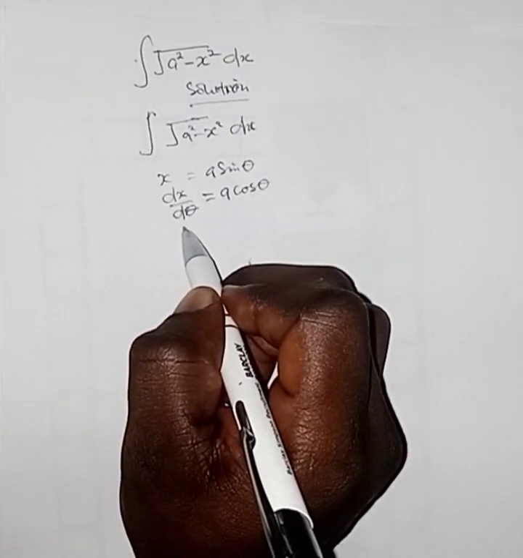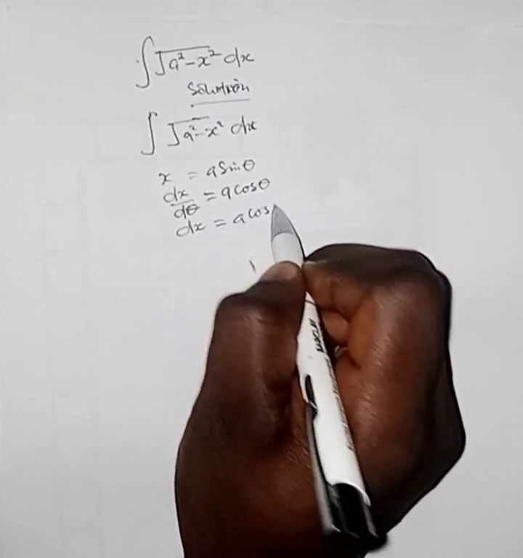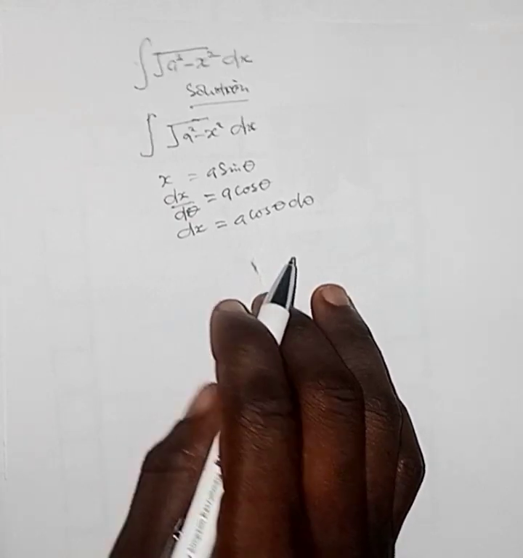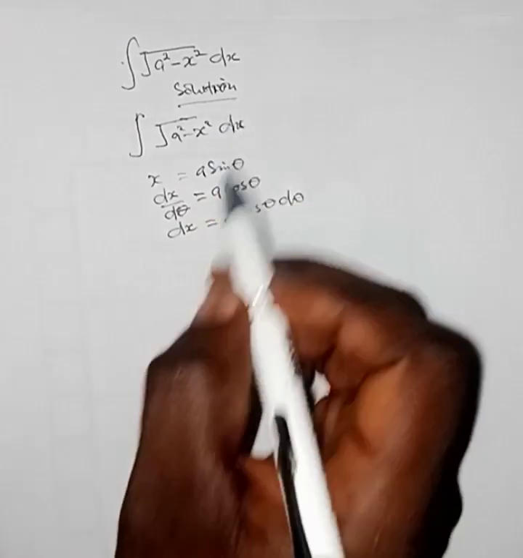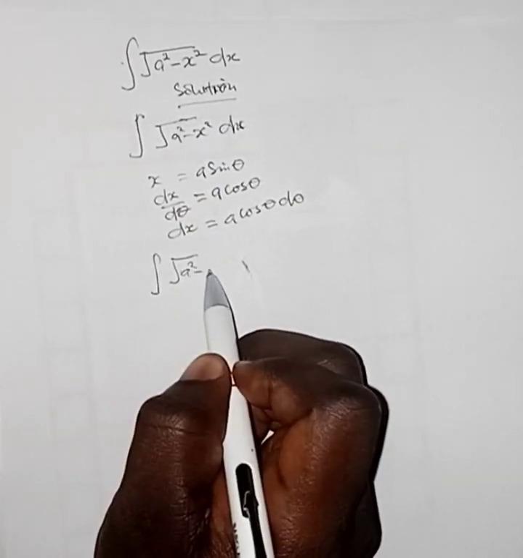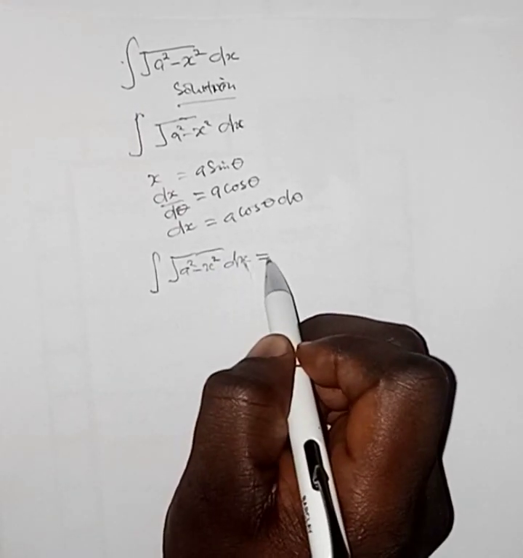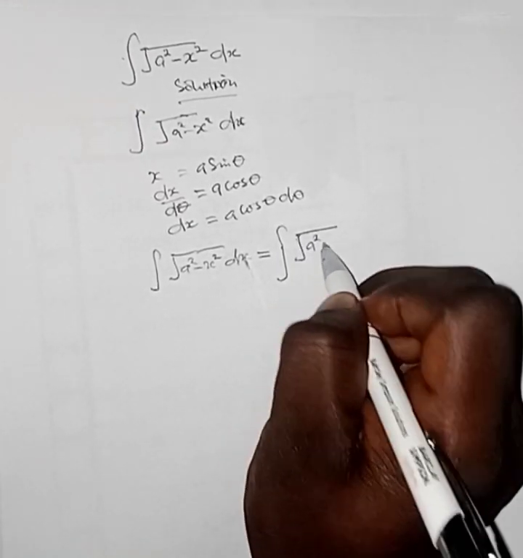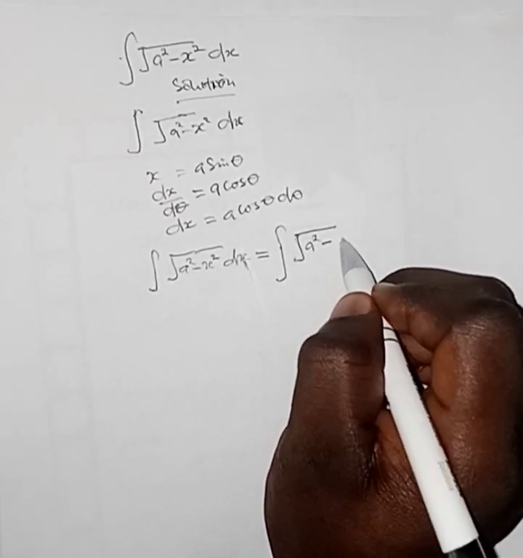And of course here you're going to see that dx will now be equal to a cos theta d theta. So this is what your dx is going to be. What we are going to be doing now is to begin to do some substitutions in the equation. Our integral root a squared minus x squared dx will now be equal to the integral of root a squared minus our x, and our x is actually a sine theta.